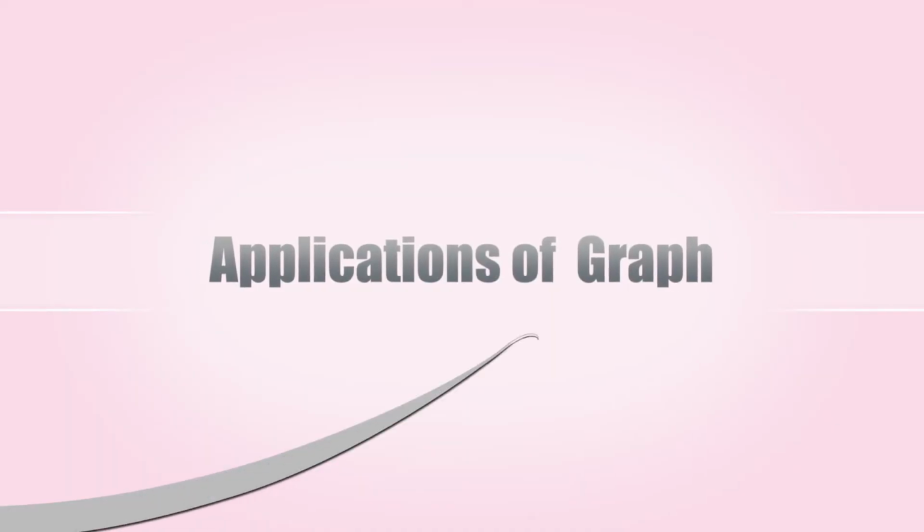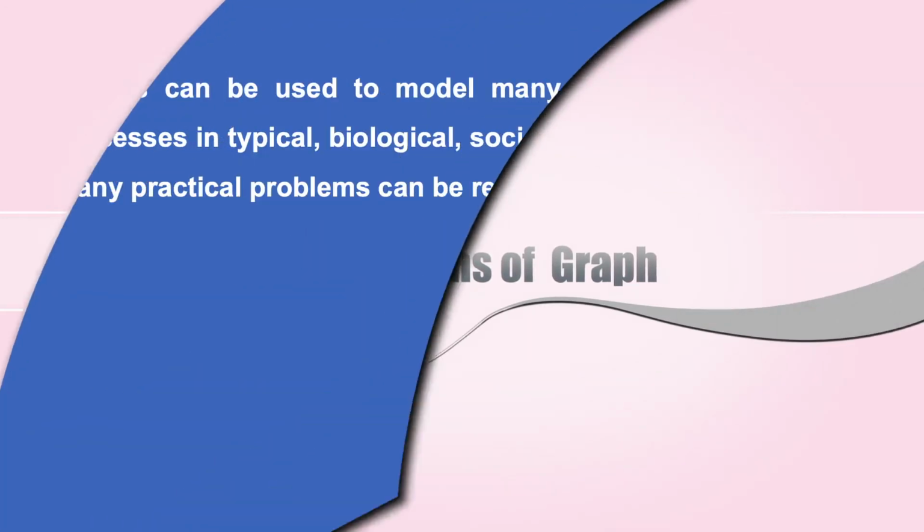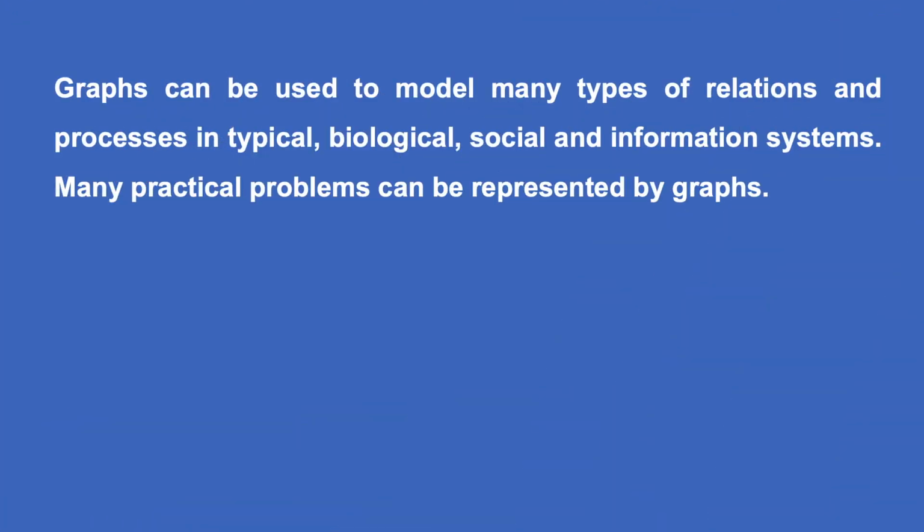Now, let us see some applications of graphs. Graphs can be used to model many types of relations and processes in typical biological, social and information systems. Many practical problems can be represented by graphs.